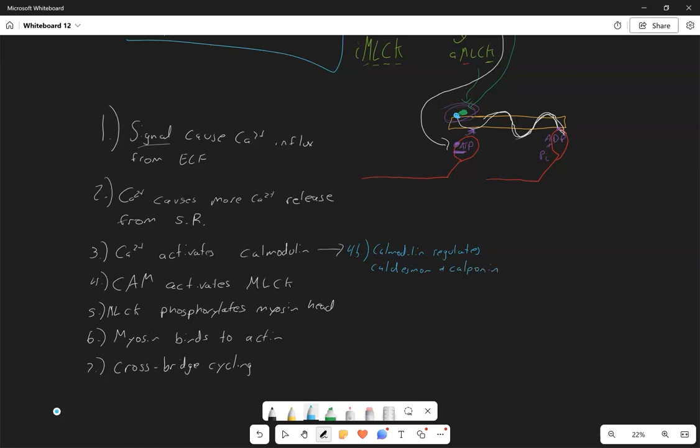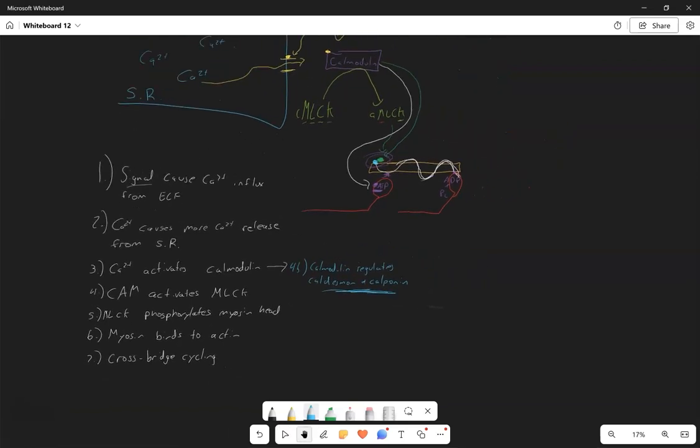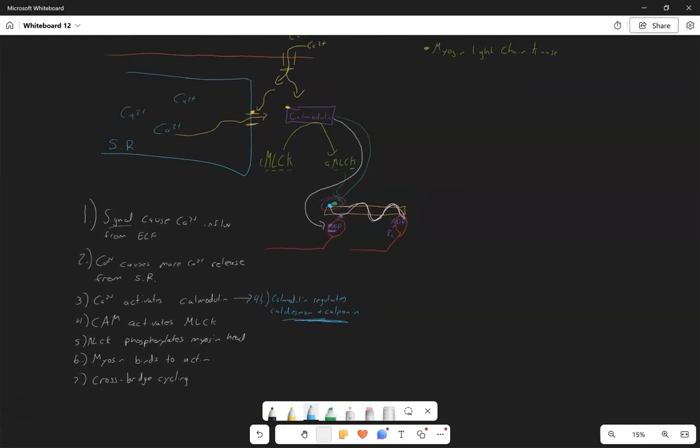And we'll leave it at that, because how this interacts with the myosin and actin filaments is a little bit difficult and not well understood, so we'll leave that for the graduate level. As long as we understand that there is some sort of interaction there, that's okay. All right, so that is how we get to the state of contractedness.